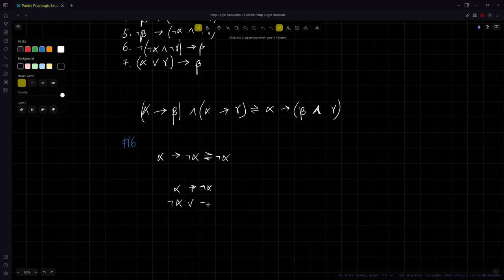And then you just do a tautology and you get not alpha. That's all. But I don't think you'll ever use this; it's probably something that's hardly ever used in proofs.